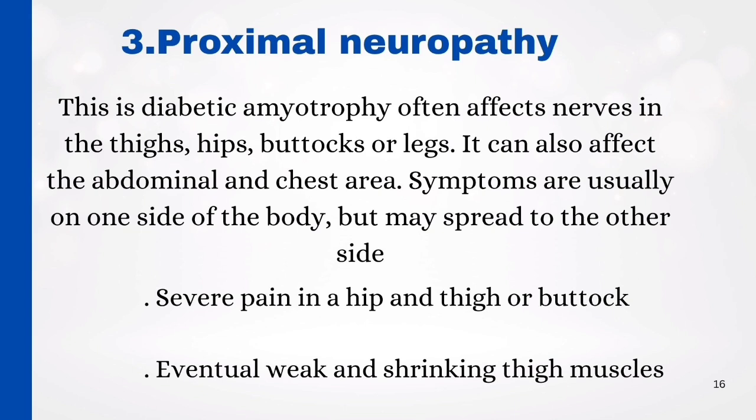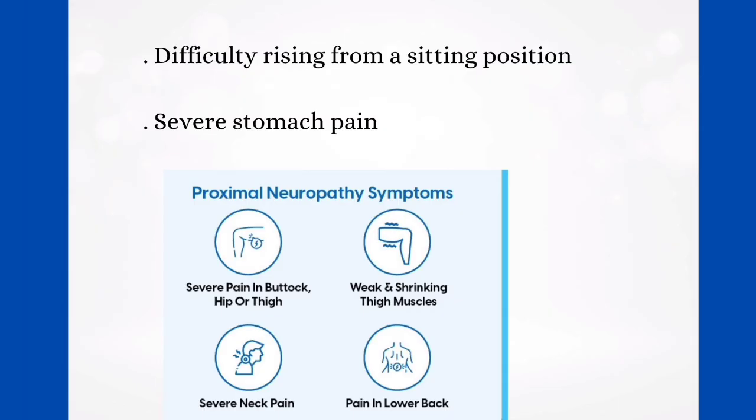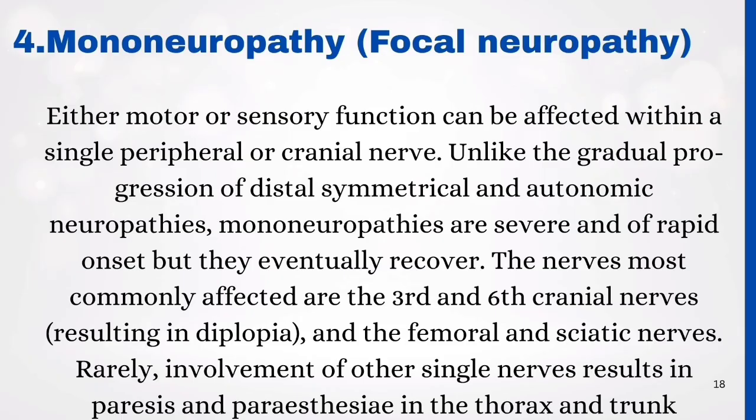Symptoms are usually on one side of the body but may spread to the other side, like severe pain in the hip or thigh or buttocks, eventually weak and shrinking thigh muscles, difficulty in rising from the sitting position, severe stomach pain.